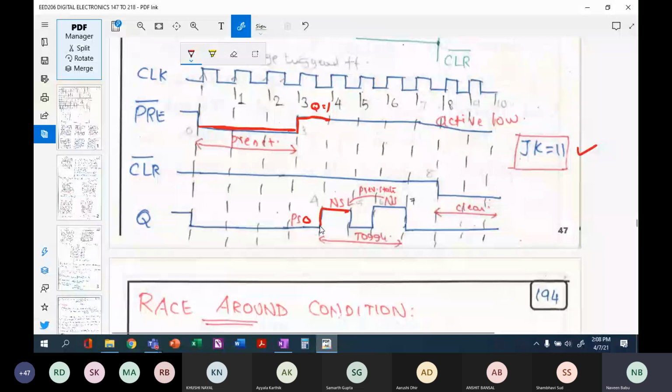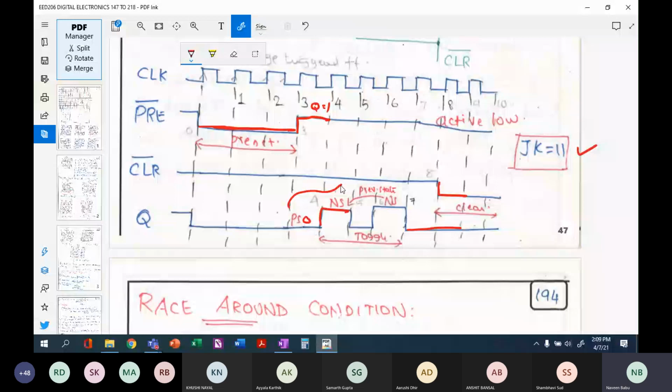Since this is a logic 0 value, once you are clearing this particular value at the 8th clock cycle, your Q value goes to 0 permanently. But the problem that we encounter here is whenever your preset value is 1, there is a toggling taking place. What is the reason for this toggling?